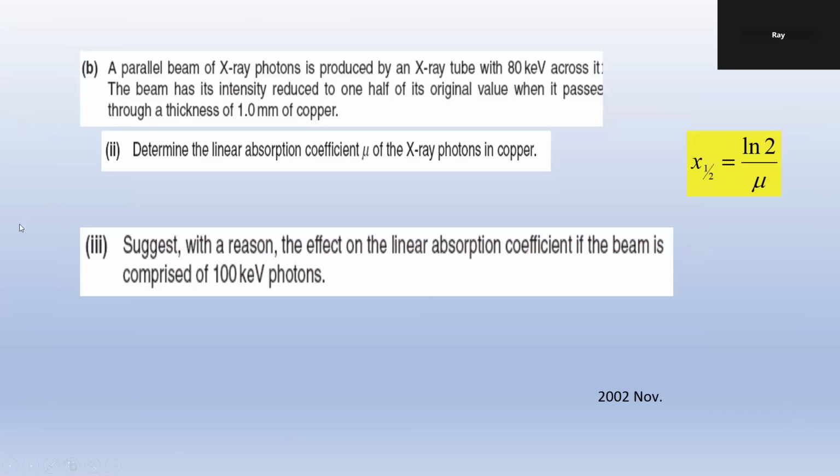A parallel beam of X-ray photons is produced. Determine the linear coefficient mu. You either know this formula, or use the main formula they have given you.